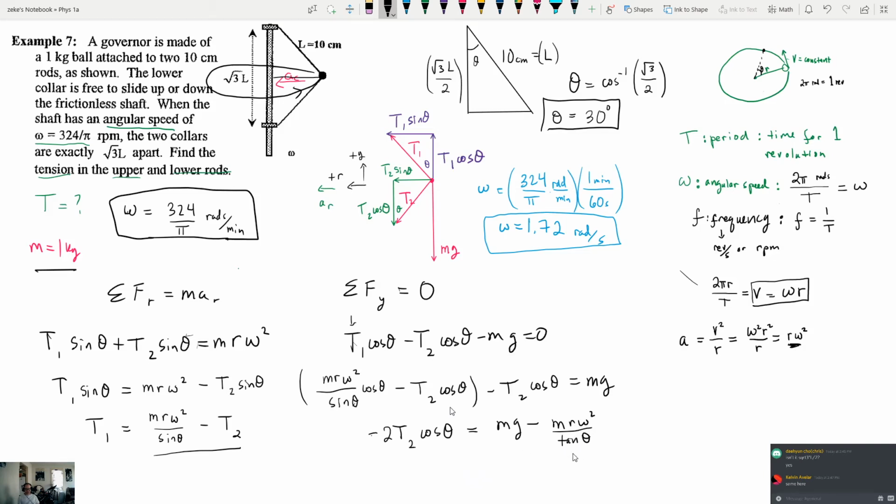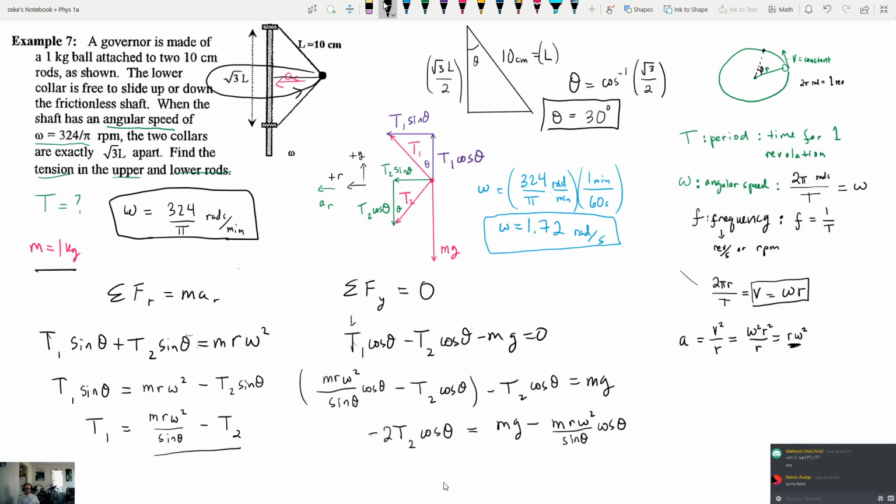So we write it as 1 over tan. And then we just want to solve this for t2. Actually, if I leave it like this, it will come out a little simpler, won't it?